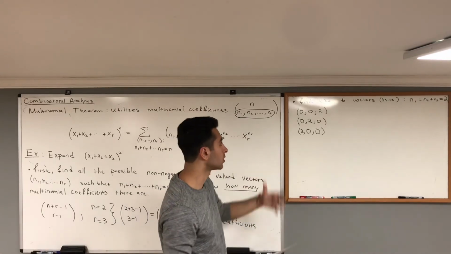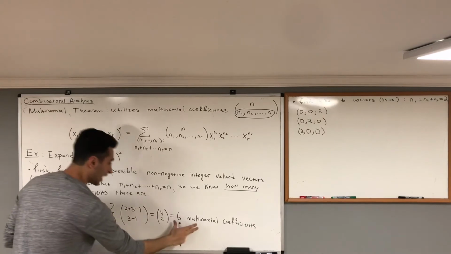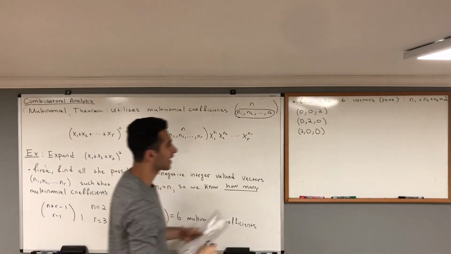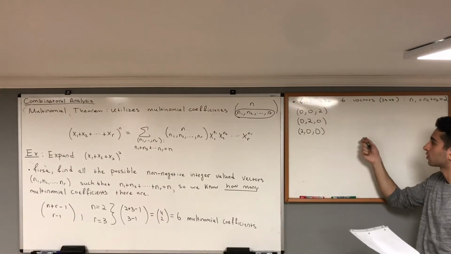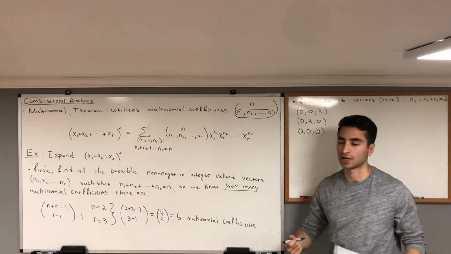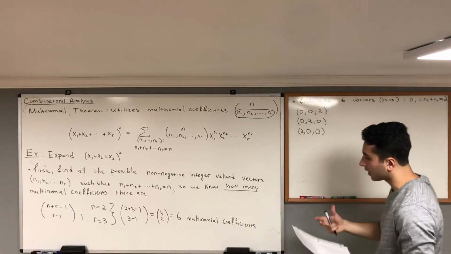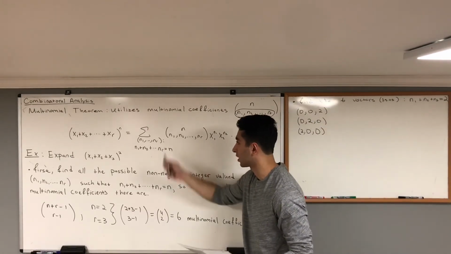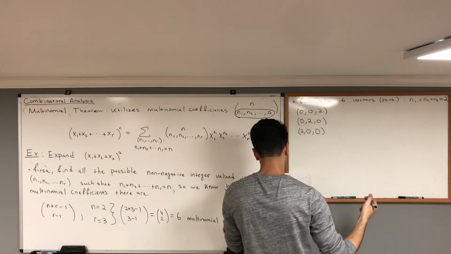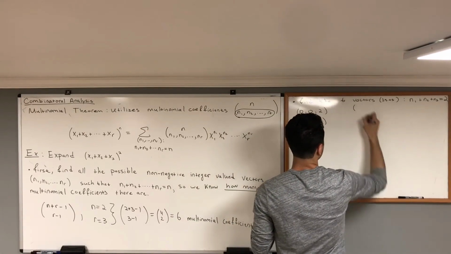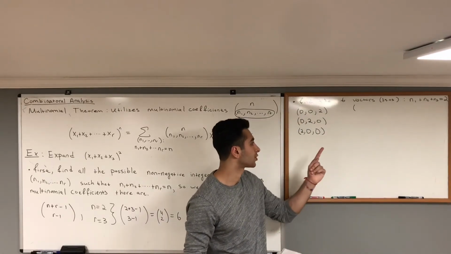We have 3 more. So why did we do the last section? Because now we know how many we should have. And if you don't, it's kind of hard to see how much you need ahead of time. So I like first finding how many vectors I should have, and then actually applying this theorem. Okay, so we did half. We need 3 more. What else can we come up with? Well, I know 1 plus 1 is 2, but we have 3 terms.